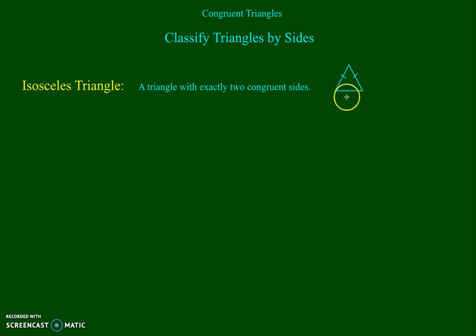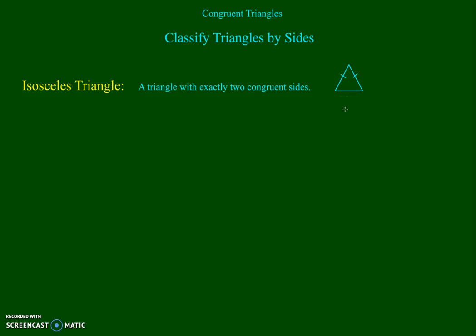It could be either or, depending on your situation. So for our purposes, we're going to say that an isosceles triangle is a triangle with exactly two congruent sides. Equilateral triangles, as you're going to see, have the same properties as isosceles triangles, but more of them. So we're going to make that distinction right here and now.